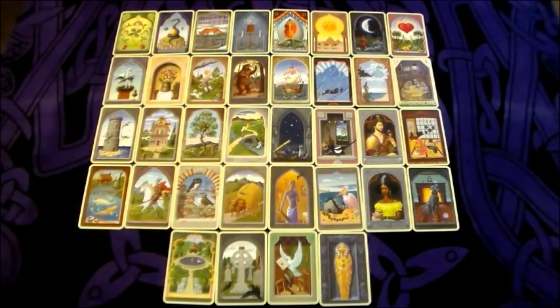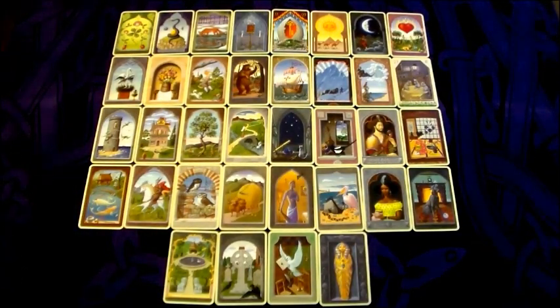And I should say that if you're new, this series is designed for two reasons. Number one, it allowed me, when I first started working with Lenormand, to do a Grand Tableau for a friend of mine, just so I could get my feet wet and get my bearings doing it.